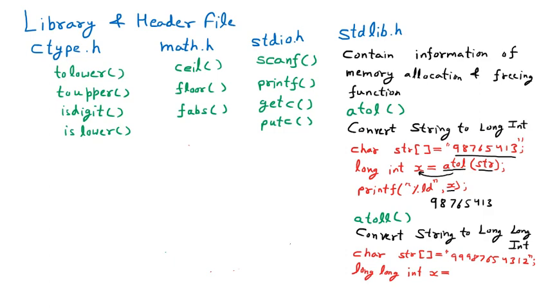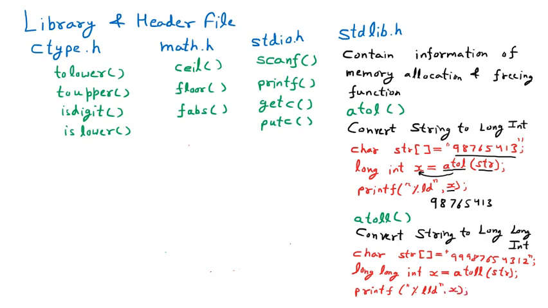Then we are going to apply the function a2ll, string to long long int. In the bracket we are going to pass that array, and now if we print it, printf percentage lld for the long long integer, comma x.